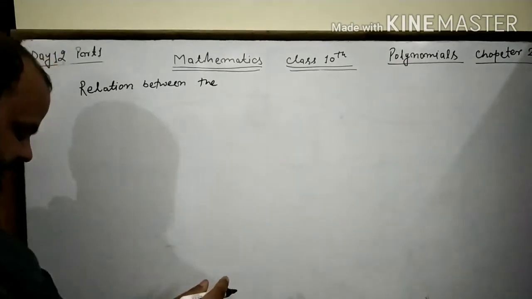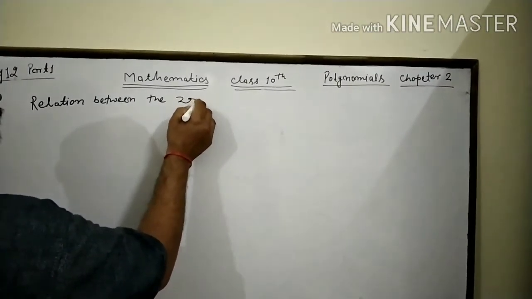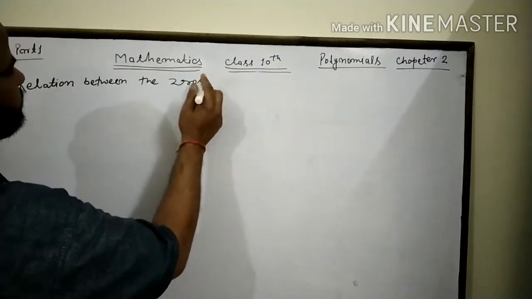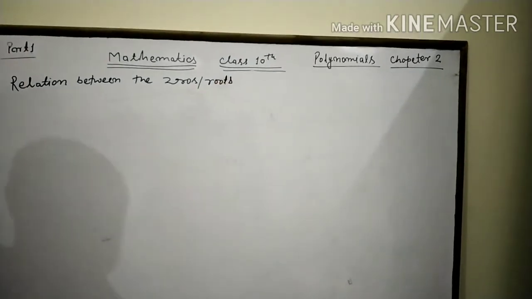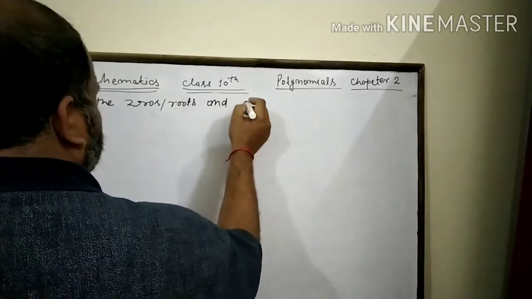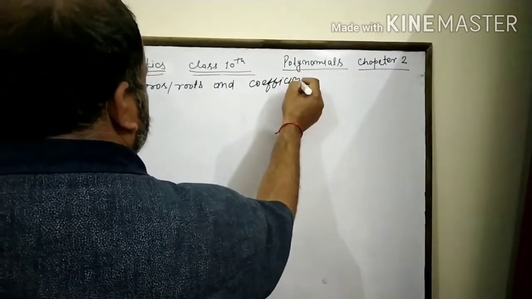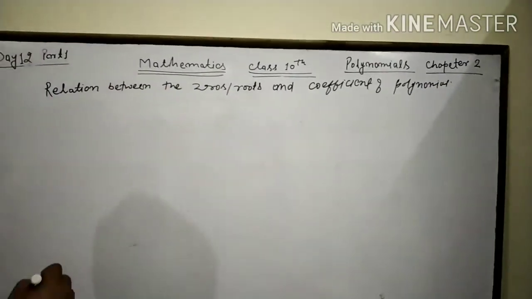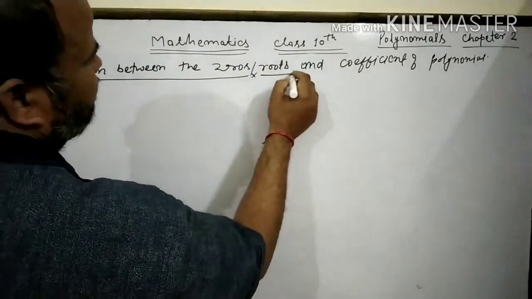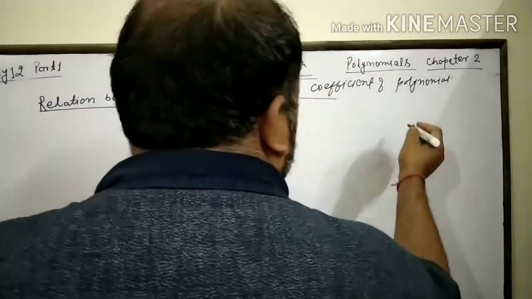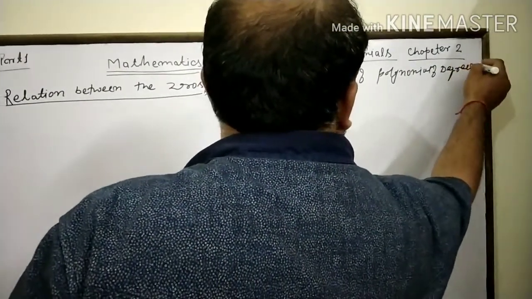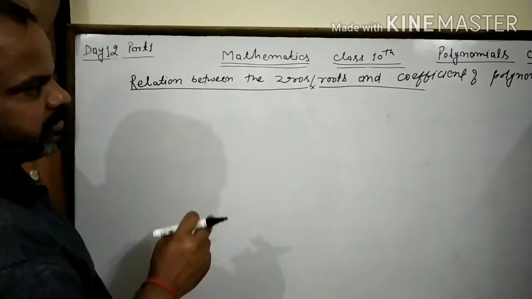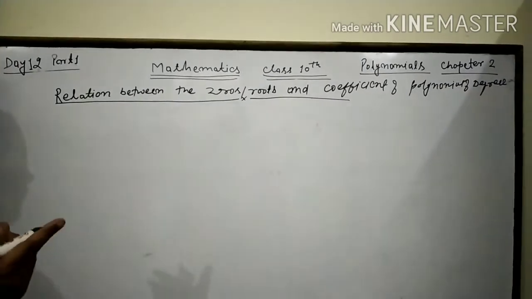You know that in a polynomial of degree 2, clear, we can find the relation between zeros or roots and coefficients of a polynomial of degree 2, or quadratic polynomial.